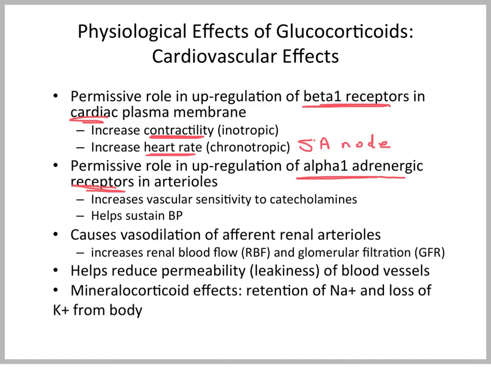They also have an effect in the renal arterioles through different mechanisms to increase renal blood flow and glomerular filtration rate. And they also, in an almost anti-inflammatory way, help reduce leakiness of the blood vessels, reducing the tendency for loss of proteins and fluid outside of those vessels.